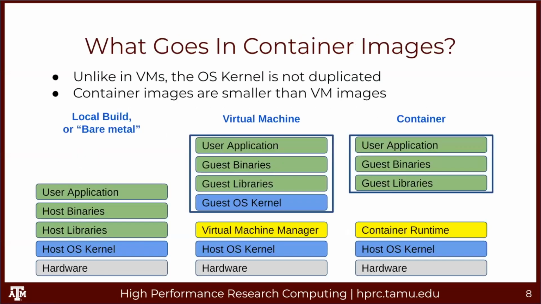What goes in container images? A similar concept to a container is called a virtual machine. In a virtual machine, the operating system kernel is in the image. In order for the operating system kernel to function, we need to emulate some hardware. So the virtual machine manager is emulating hardware that the guest operating system kernel thinks it's in charge of.